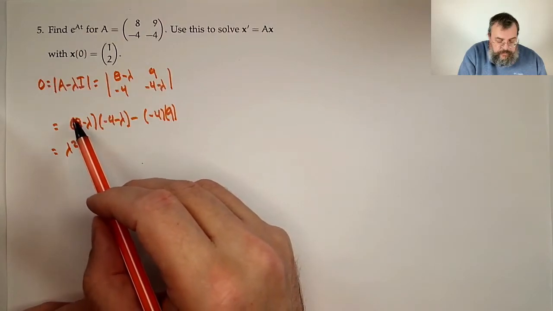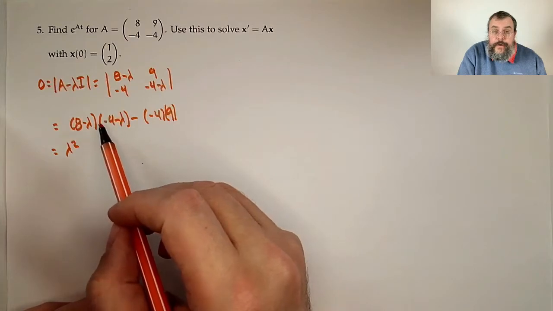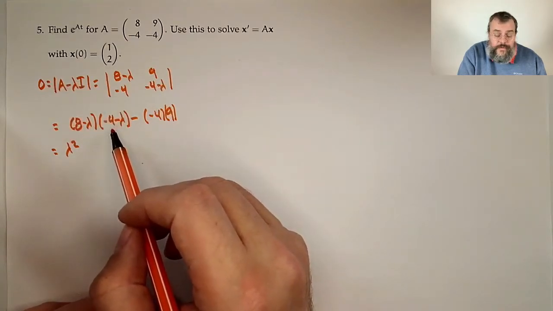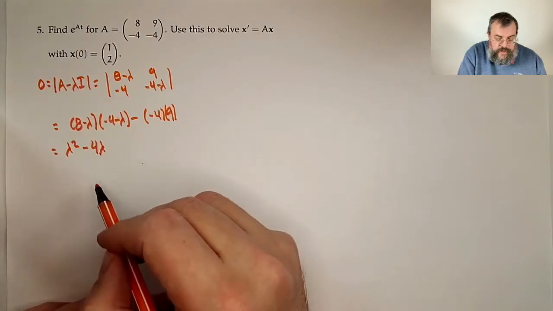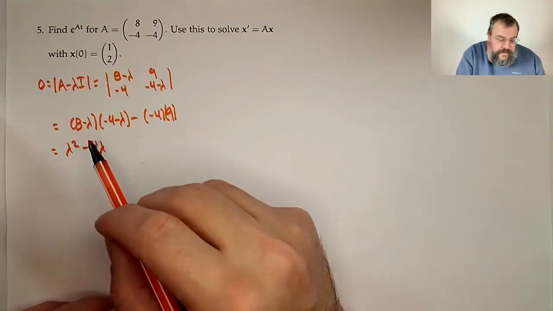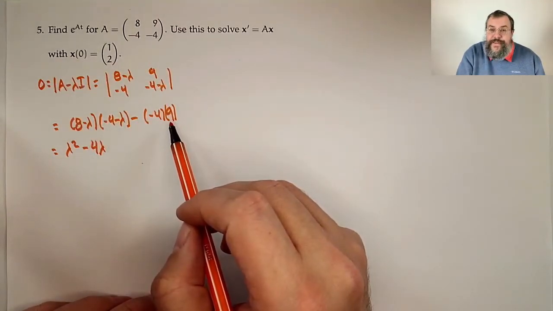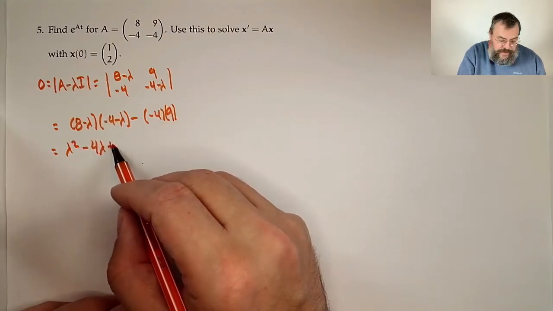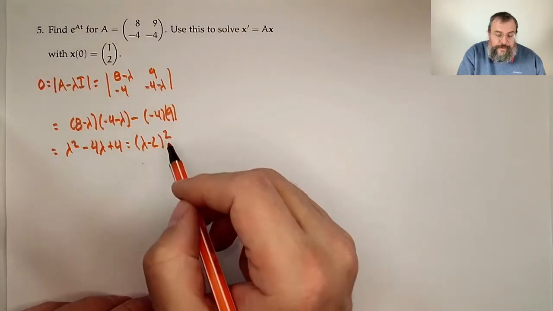Then we're going to have a minus 8 lambda plus 4 lambda, so minus 8 plus 4 makes minus 4 lambda. And then minus 32 plus 36 makes plus 4, which is lambda minus 2 squared.